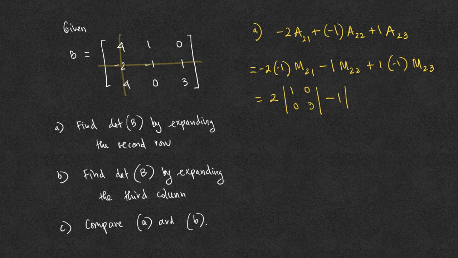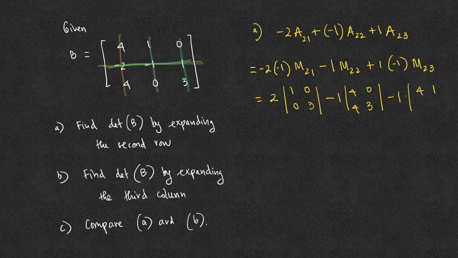For the minor 22, we cross out the second row and the second column to end up with the matrix 4, 0, 4, 3. For the minor 23, we cross out the second row and the third column to end up with the matrix 4, 1, 4, 0. Keep track of what we cross out there.